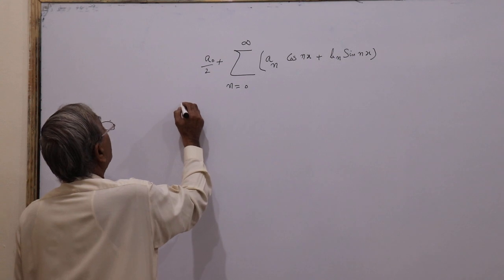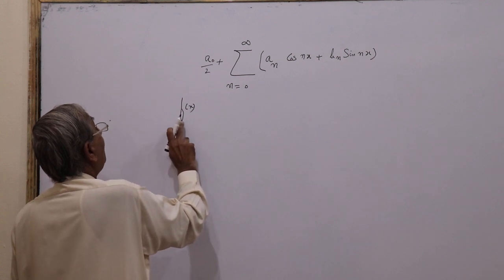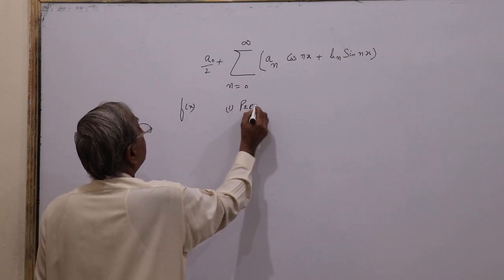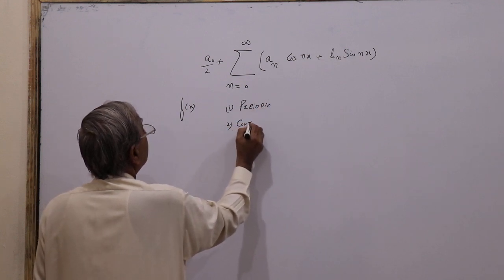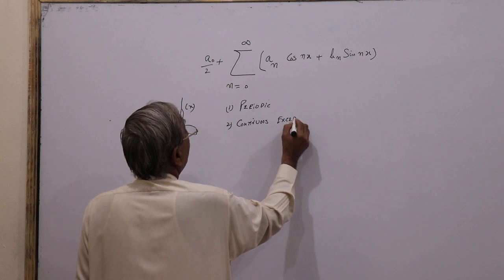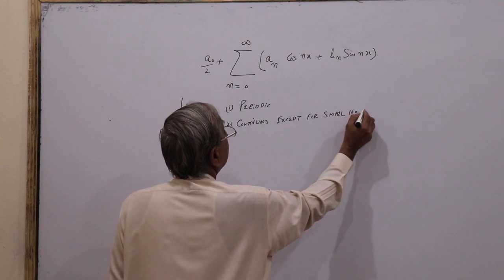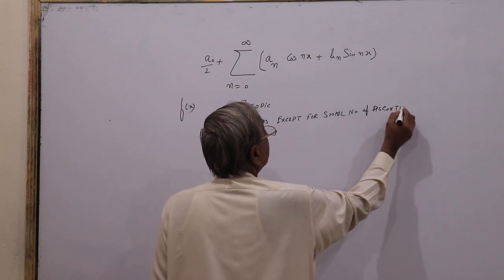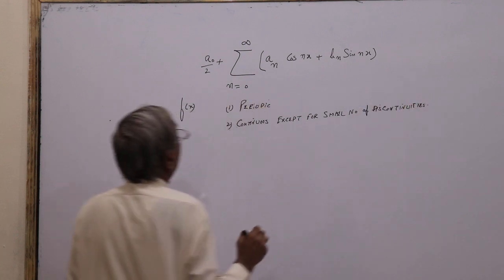If you are asked to expand a given function f(x) in terms of a Fourier series, then f(x) should be, number 1, periodic, number 2, continuous, except for a small number of discontinuities.